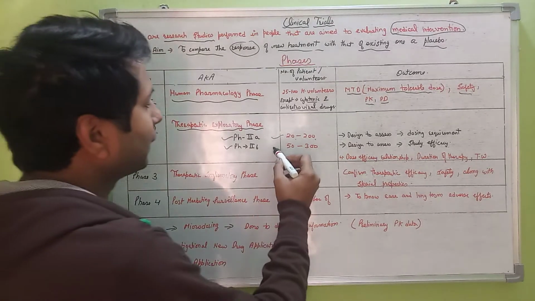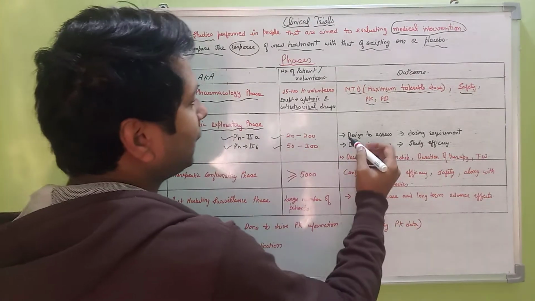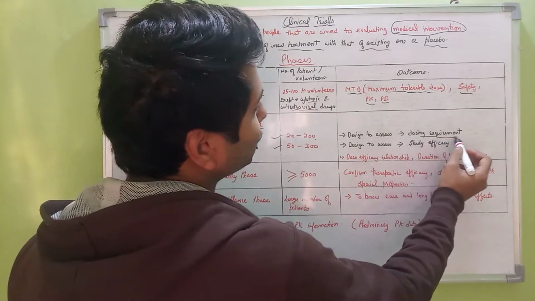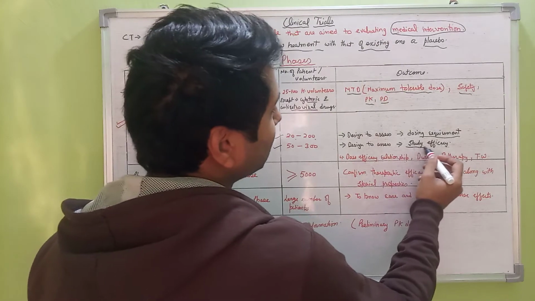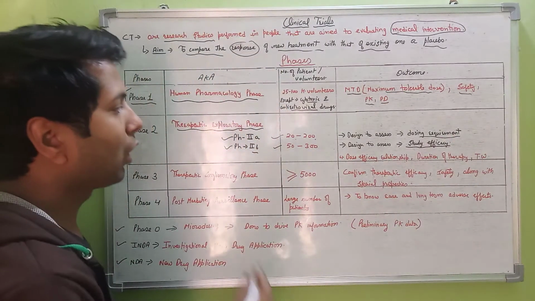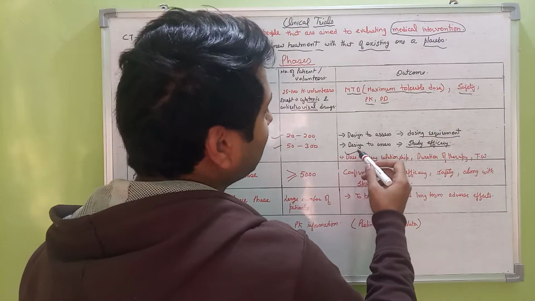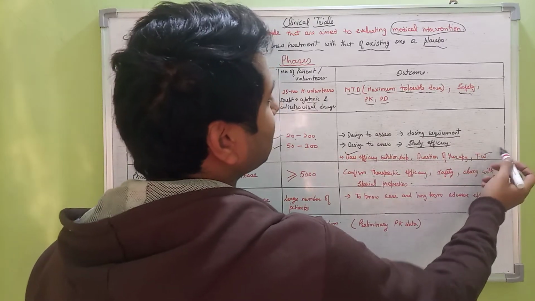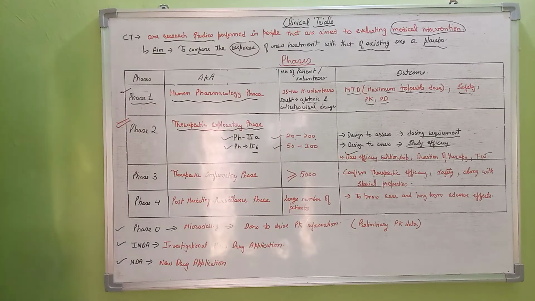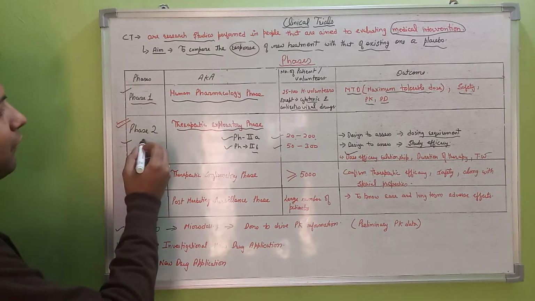Phase 2A is generally designed to assess the dosing requirement, and phase 2B is designed to assess efficacy. Along with that, we also evaluate the dose-efficacy relationship, duration of the therapy, and the therapeutic window. So this is all about phase 2.